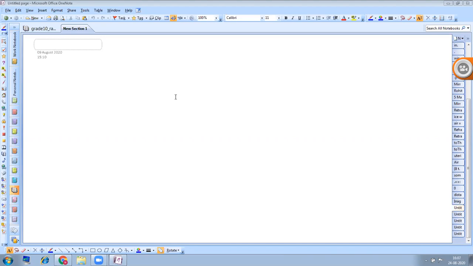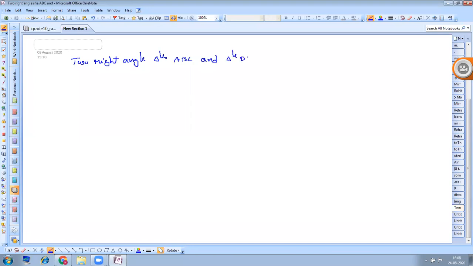Two right angle triangles ABC and DBC are drawn on the same hypotenuse BC and on the same side of BC.